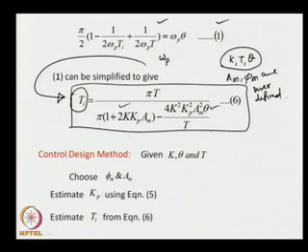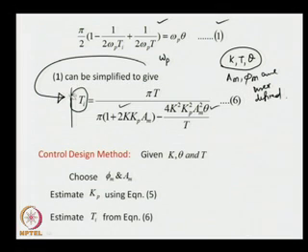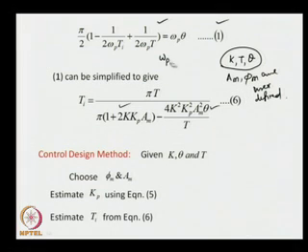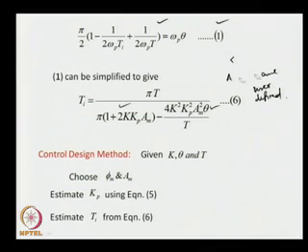Then, using expression 6, one can easily estimate the unknown parameter t I. Thus, one is able to estimate all the unknown parameters of the series PID controller using 5 and 6.